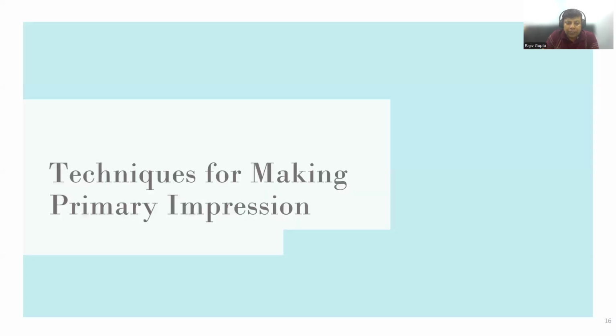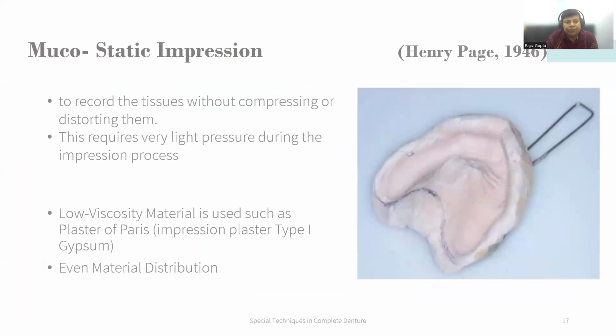Coming to various impression techniques for making the final impression. First is the technique introduced by Henry Page, that is your mecostatic impression. As the name suggests, we are not putting any pressure on the mucosa. It is to record the tissues without compressing or distorting them, and it requires very light pressure during impression making. A low viscosity material is used, such as type 1 gypsum product, that is impression plaster.